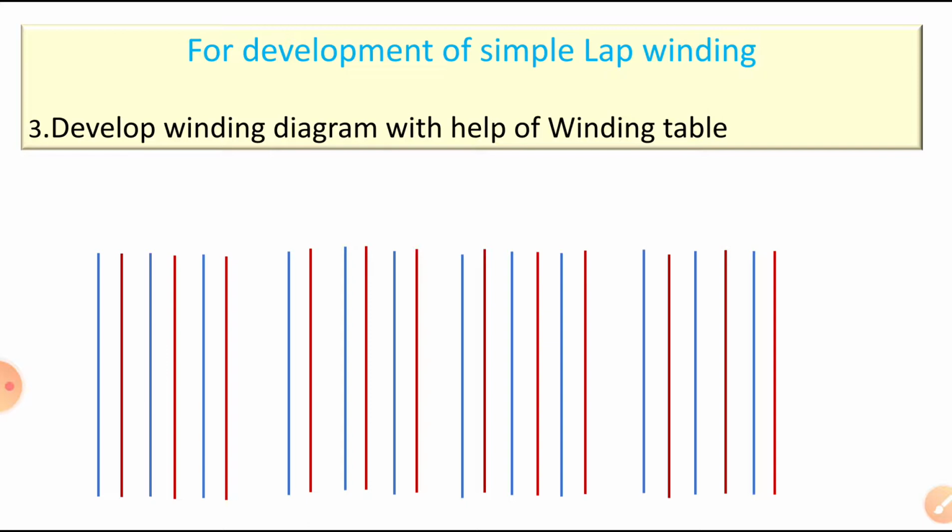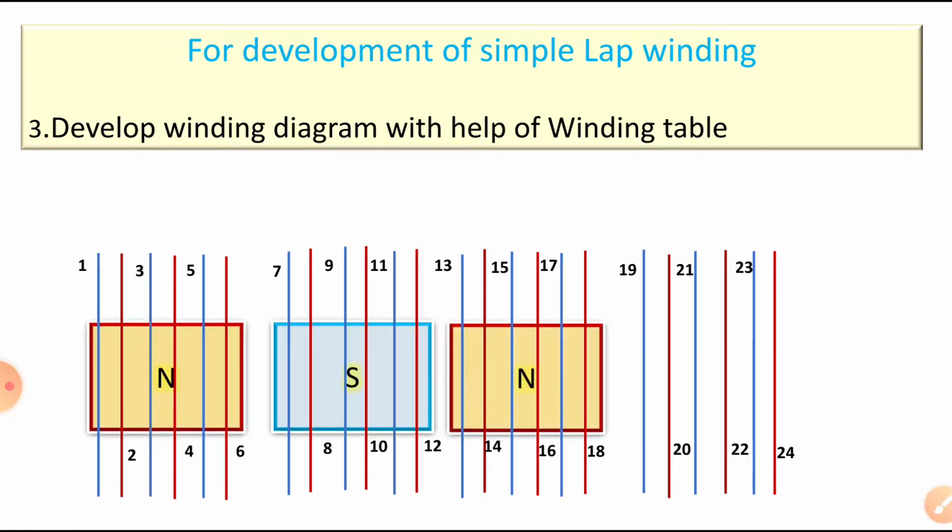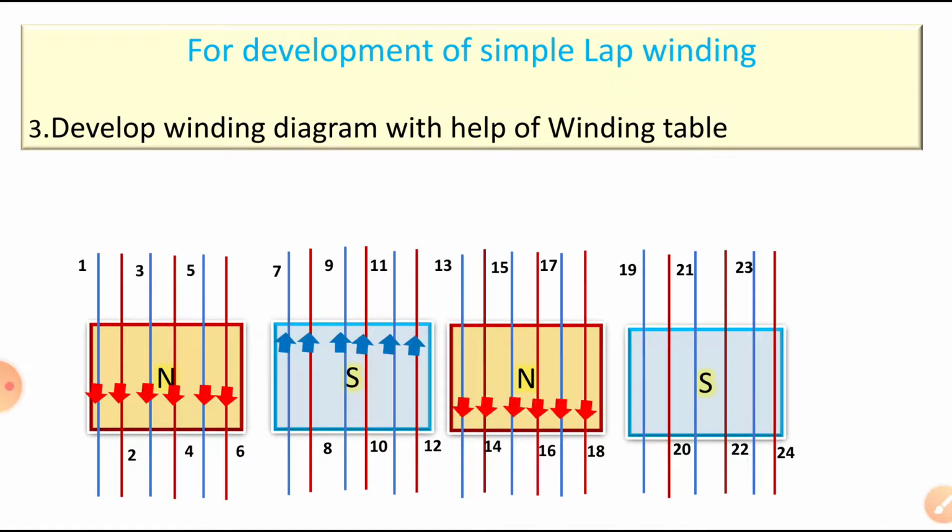Arbitrarily assume north poles and south poles as usual, and show the direction also. So this is routine work, dear students. Now this is the first step. After that, based on the winding table, we are going to connect it.